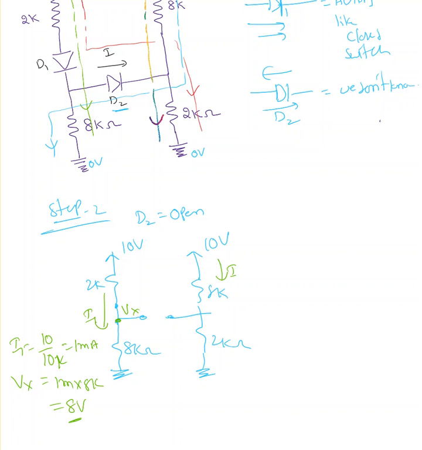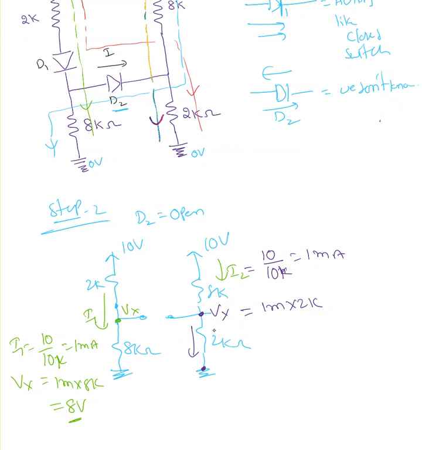Same way, I'm going to label this as I2 here. So I2 equal to 10 over 8 plus 2, 10K. So that's 1 milliampere. I'm going to label the voltage here as Vy. Vy equal to 1 milli times 2 kilo ohm, because I know this is 1 milliampere.